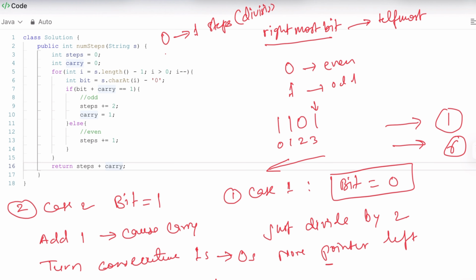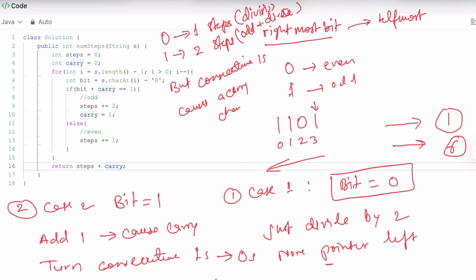Every 1 gives you 2 steps: one to add and another to divide. This is the main concept here. But if we have consecutive 1s, that causes a carry chain.